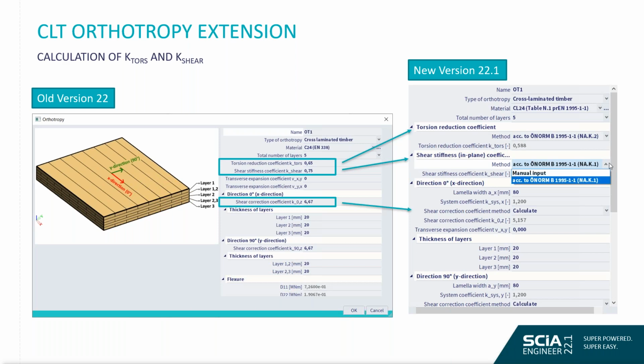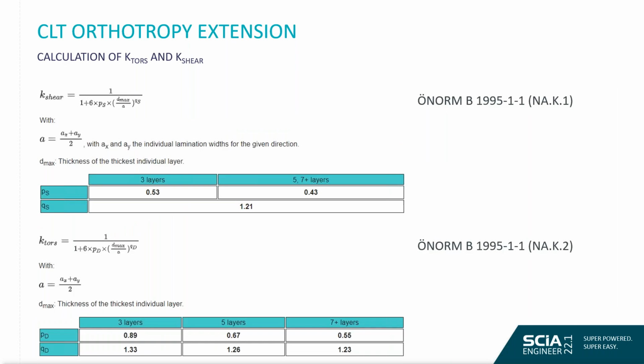And for the other 2, we are following a method from the Austrian norm, because the general Eurocode doesn't really give an indication on how to calculate these coefficients, but luckily our friends from Austria offer a way to calculate it. In my next slide, you can see the formulas used for calculating these coefficients. And you can now automatically let SCIA Engineer calculate those coefficients for you according to the norm.